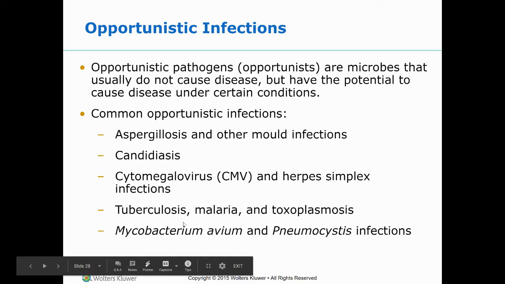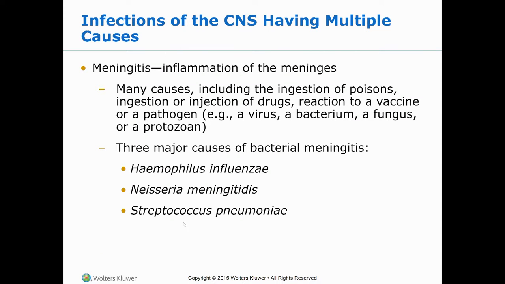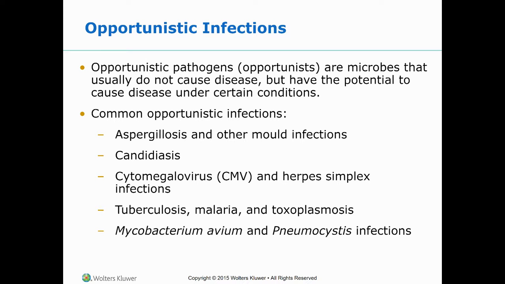It's not super common, but when you do get it, a lot of times the death rate is very high. And I know this because I've had a friend that passed away from it. Okay.